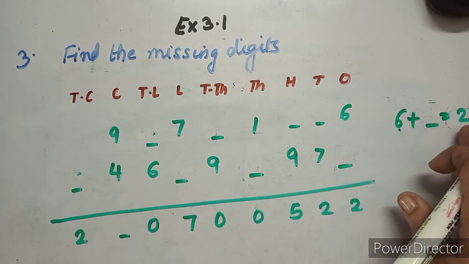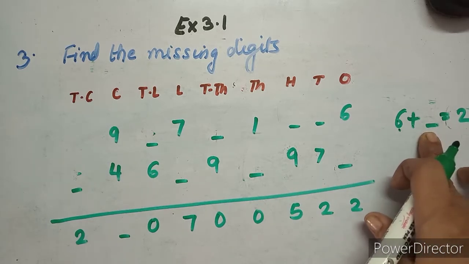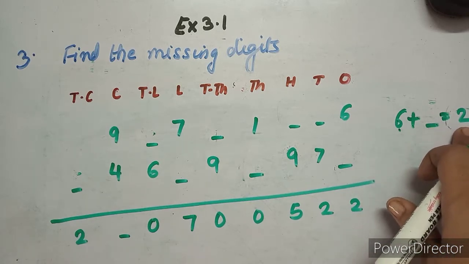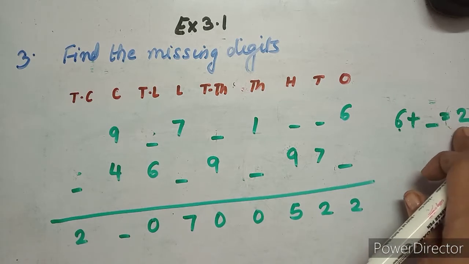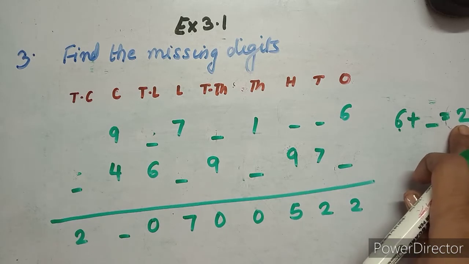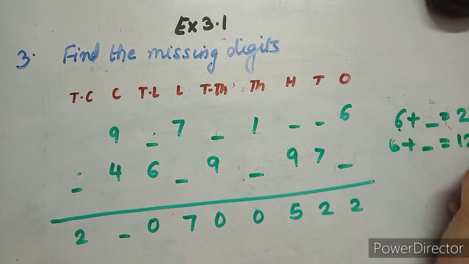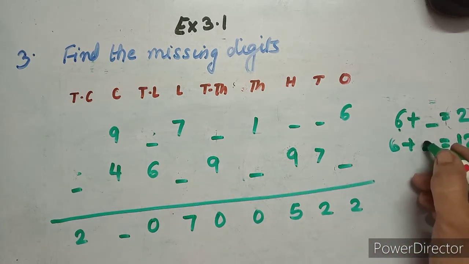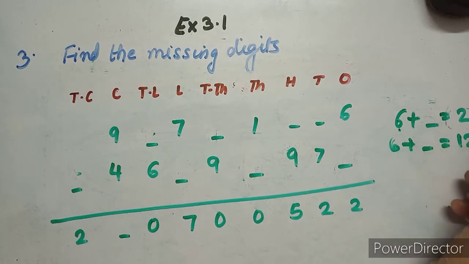You cannot get 2 if you add any number here, because if you add 0, you will again get 6 as your sum, but here you need to get 2. So this 2 is to be assumed as 12. You have to put the number here where, with the addition of 6, you can get 12.